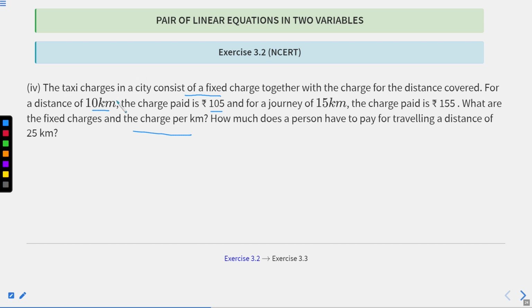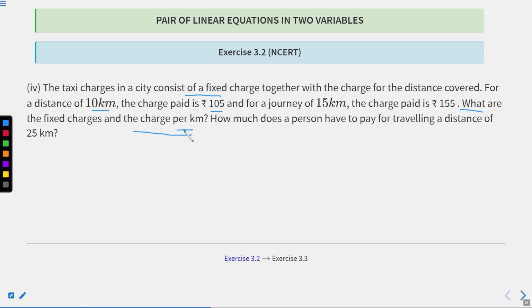So here we are given that the taxi charges in a city consist of a fixed charge together with a charge for the distance covered. For a distance of 10 km, the taxi driver charged 105 rupees, and for a journey of 15 km, the charge paid is 155 rupees. We ask what the fixed charges and the charge per kilometer are, and how much a person has to pay for traveling 25 km.